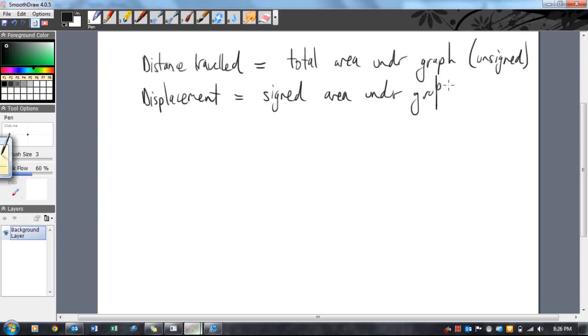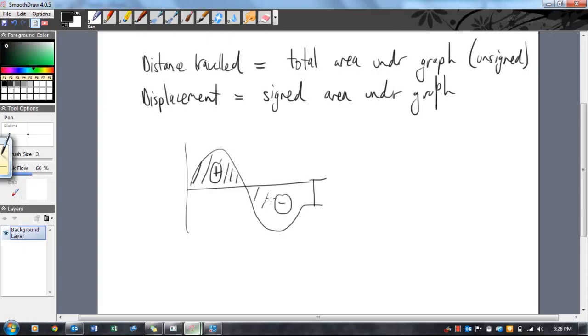If something is positive, like this up to there, that's the positive area, and that's a negative area under the axis. If we want to know the displacement, we need to find this area minus this area to find our final displacement. And that's really important to know on a velocity time graph.